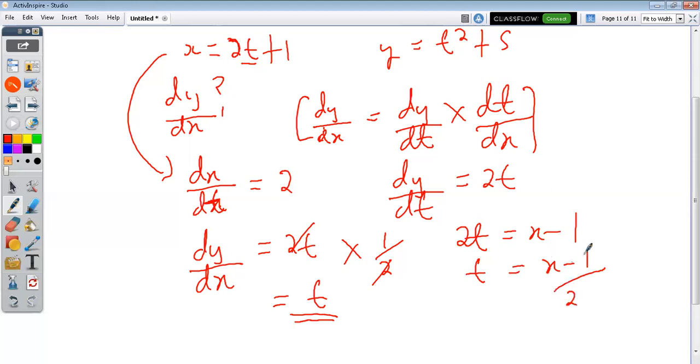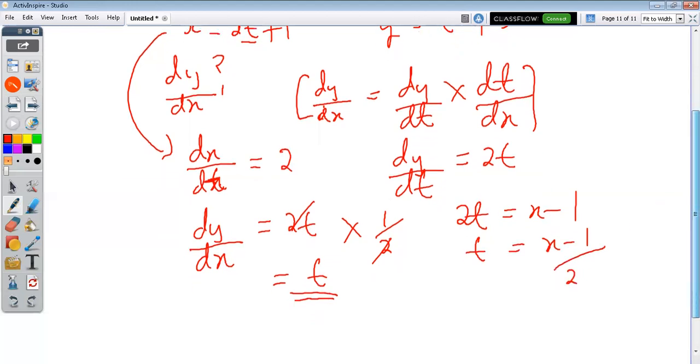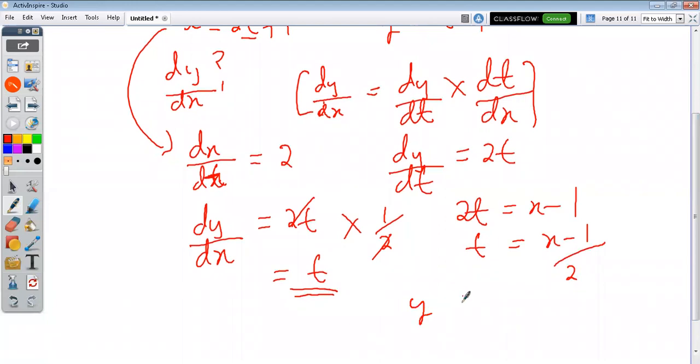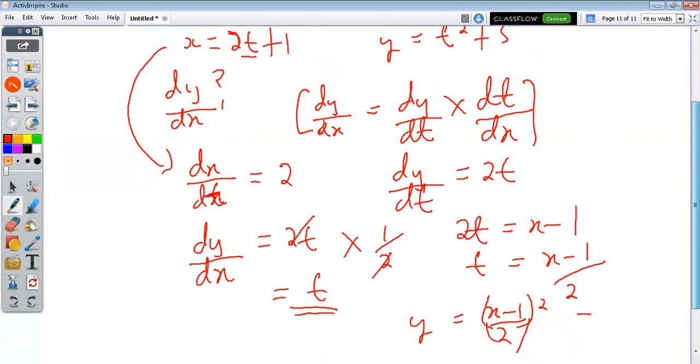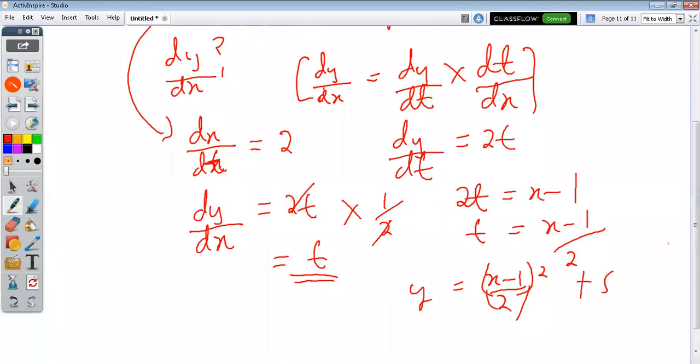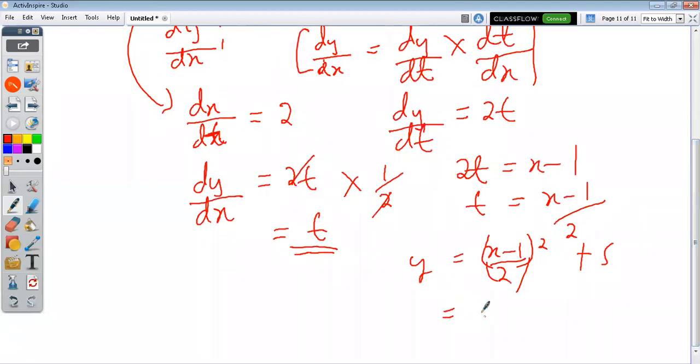Then I substitute into this because I want it to be only in terms of y and x. So y is equal to, what is t squared? It is x minus 1 over 2, all squared, plus 5. Which means that's x minus 1 squared, 2 squared is 4, plus 5. Y. That's our equation, represented by that parameter.